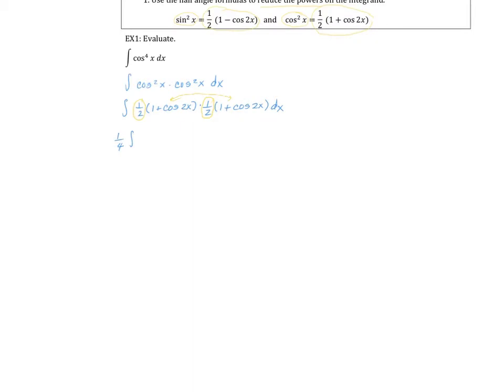So our integrand will be 1 plus, and I have 2 of those cosine of 2x, plus cosine squared 2x dx.